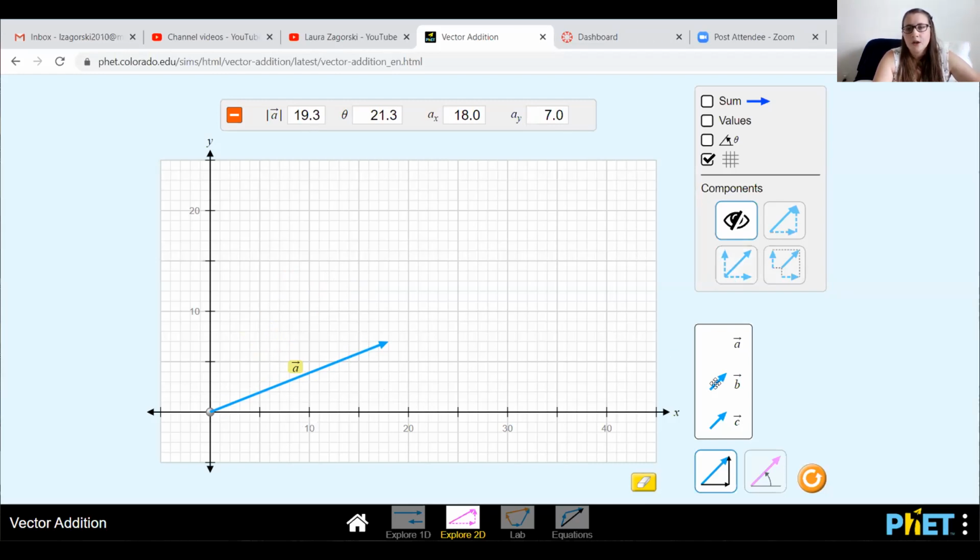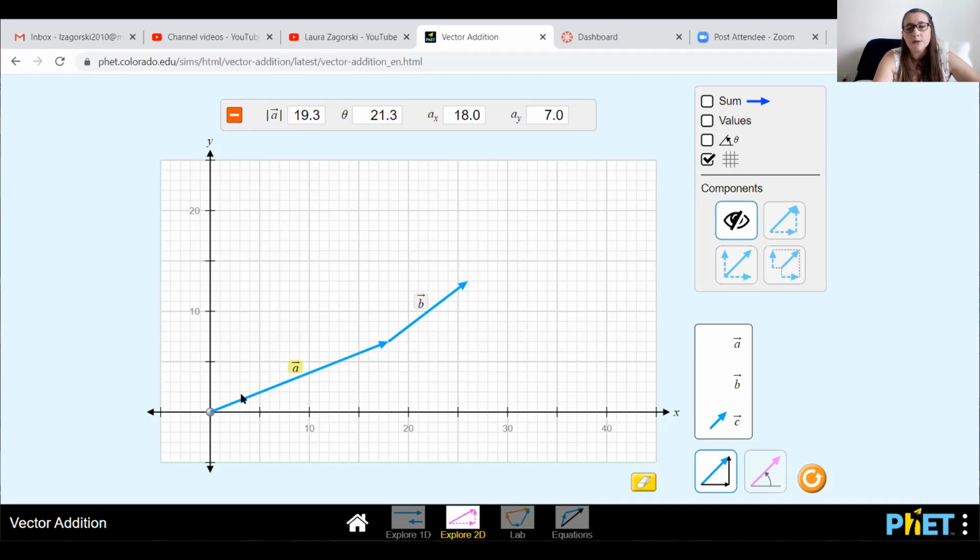Okay, so then if we add in a second vector, here's vector b, I'm going to line these up tip to tail so that it's a little bit easier to see what's happening. If we were to add these pathways together to get our distance, we would still just add our magnitudes.